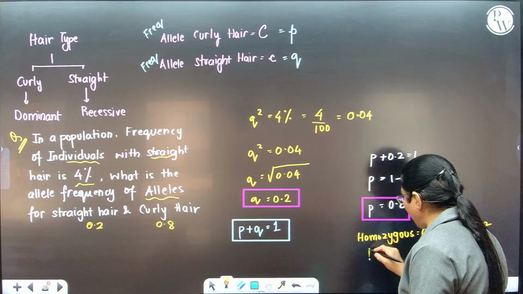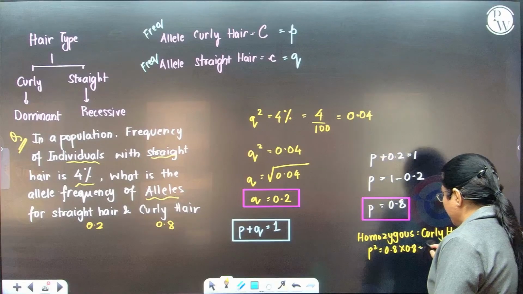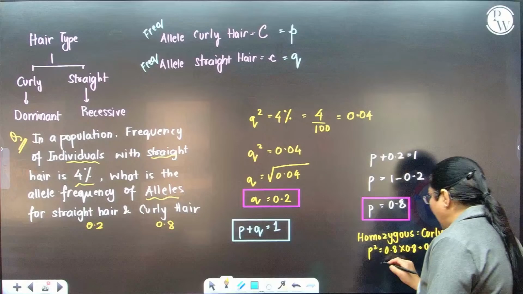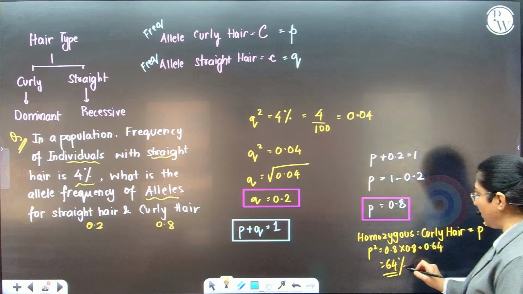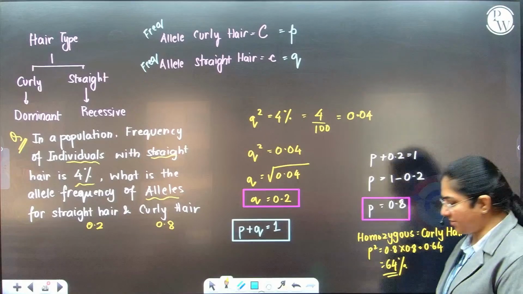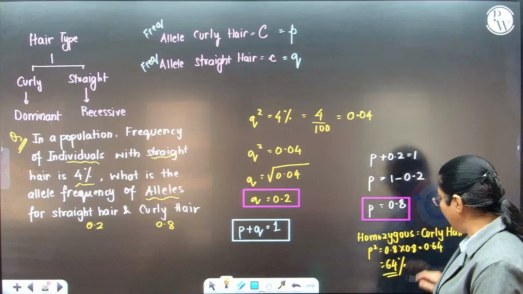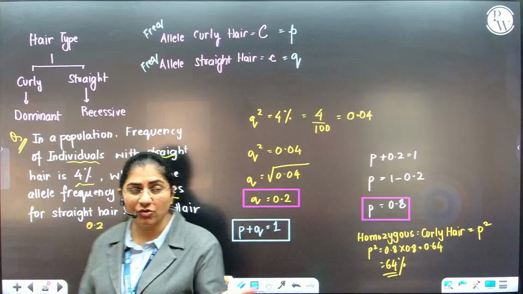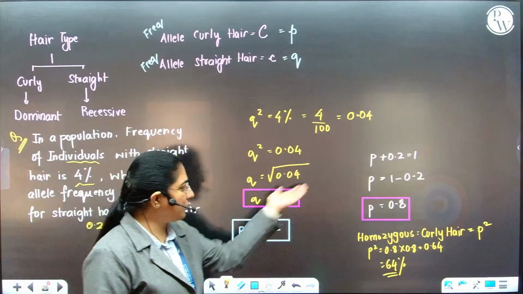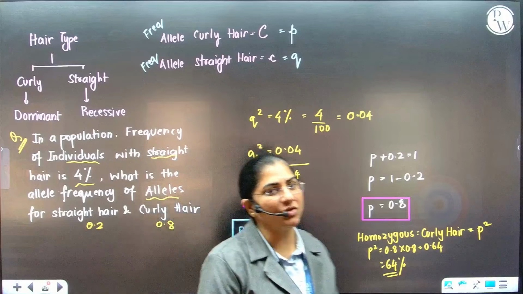So p square will be 0.8 into 0.8, which is 0.64, and thereby the percentage of individuals, if they're asking us, will be 64%. Are you understanding? It will be 64%. And if they're asking us heterozygous, remember heterozygous will be 2pq, so 2 into 0.2 into 0.8. 8 2s are 16, 16 2s are 32, so that will be 32%.